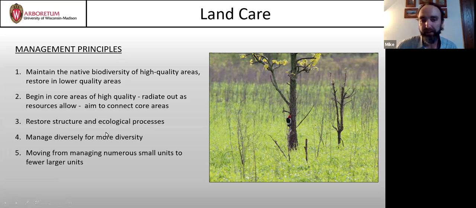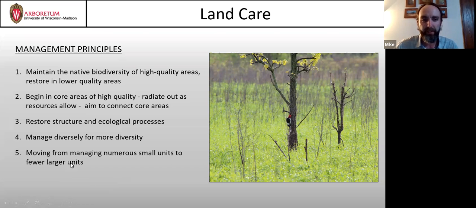We like to try to manage diversely to encourage more diversity. So not getting in the rut of doing the same thing over and over the same way that's going to benefit a certain suite of species over and over and over time. We want to mix that up when we can to spread that benefit out to a wider range of species.